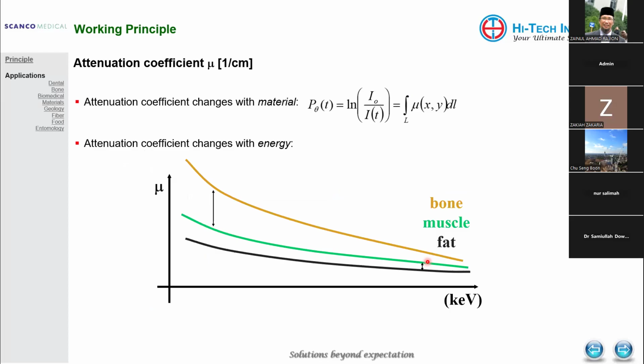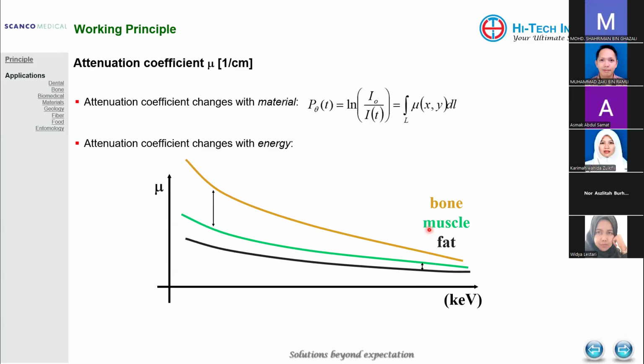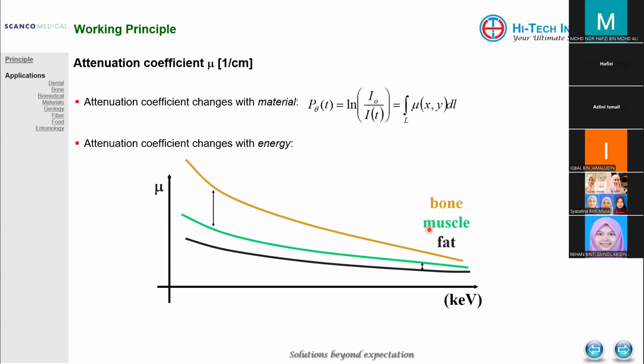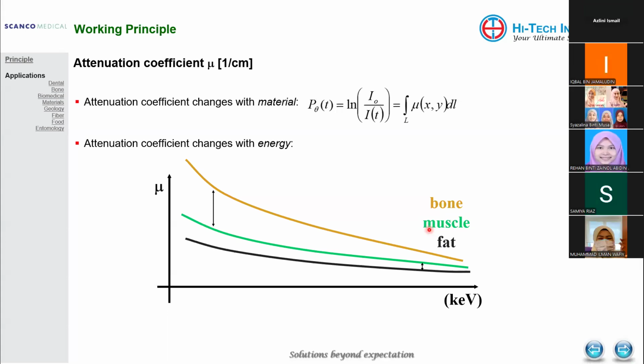Which means that if you use a high kV, you will expect less contrast between these three types of material. If your focus is on bone or tooth, it's very straightforward: you just need to use a high kV and above, and it will give you nice images.